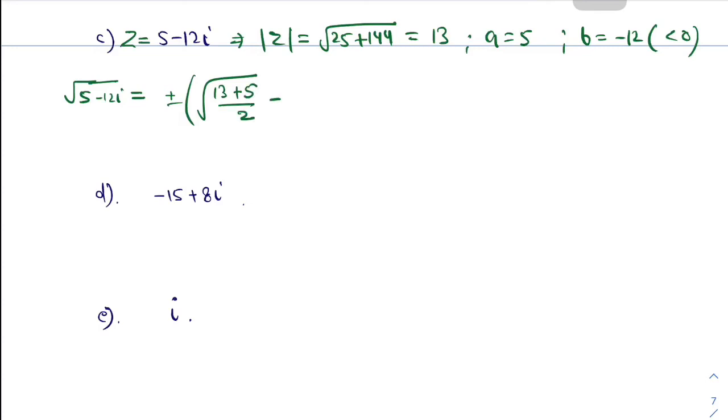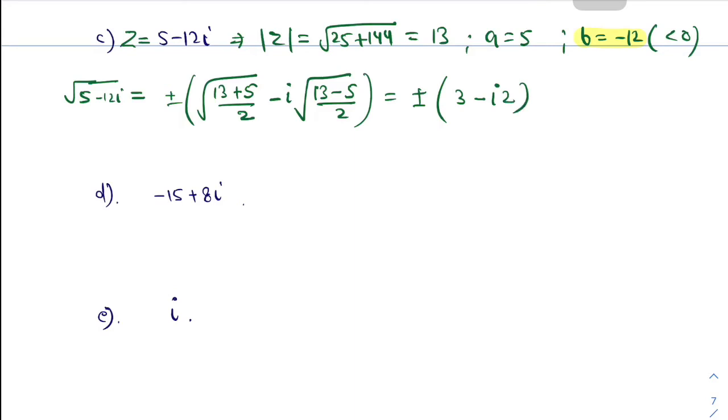Here we will apply negative sign because our imaginary part is negative. Okay, so minus iota times root over 13 minus real part upon 2. Okay, so it will be plus minus 13 plus 5, 18 upon 2, it's 9, root of 9 is 3, and minus iota times 13 minus 5 is 8 upon 2 is 4, root of 4 is 2.